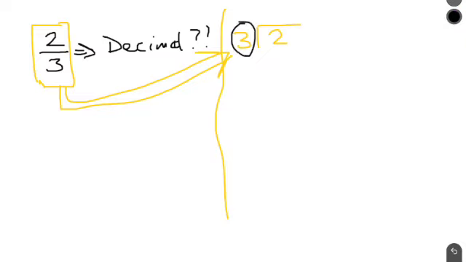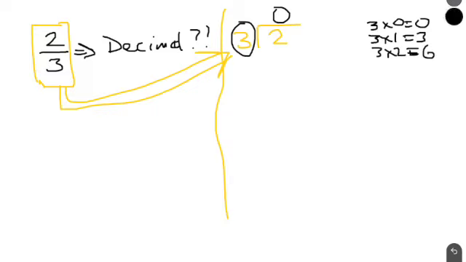3 times what number equals 2 or less? So what number when multiplied by 3 is equal to 2 or less? We look at our times table. 3 times 0 is 0, 3 times 1 is 3, 3 times 2 is 6. So our answer is going to be 0 because we can't choose 1.